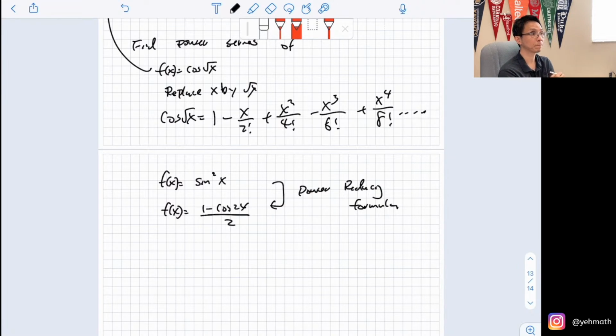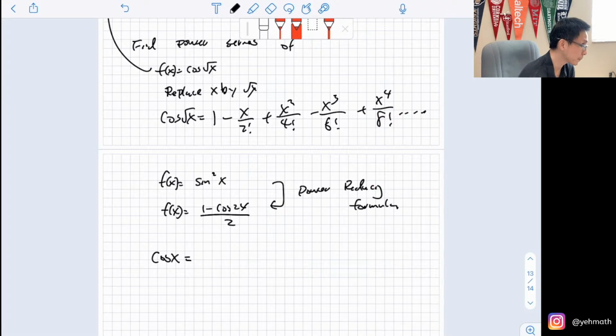Coming back, yes. That's why I say for Calc 2, you need power reducing. So we're going to start with this part. Can I start with that part? So which part do I start? What do we know on the basis of it? We know cosine of x.